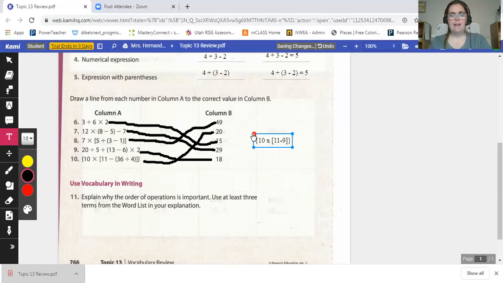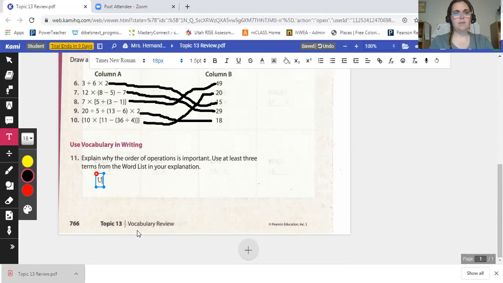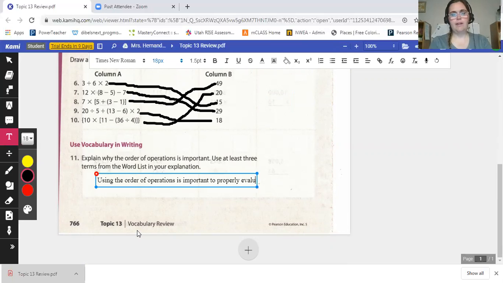Okay. Last one, explain why the order of operations is important. Use at least 3 terms from the word list in your explanation. Using the order of operations is important to properly evaluate, that means solve, a numerical expression.